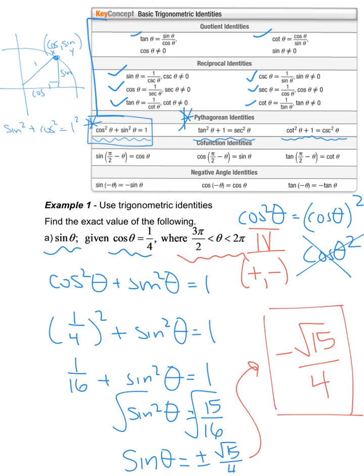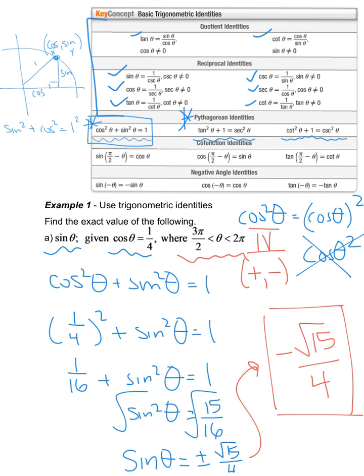If you constructed a triangle based on that idea, labeled your adjacent side 1 and your hypotenuse 4, you would get the exact same answer. But again, with chapter 13, we want to use our identities to simplify and solve. So that's the first part of the day: using Pythagorean identities to solve.